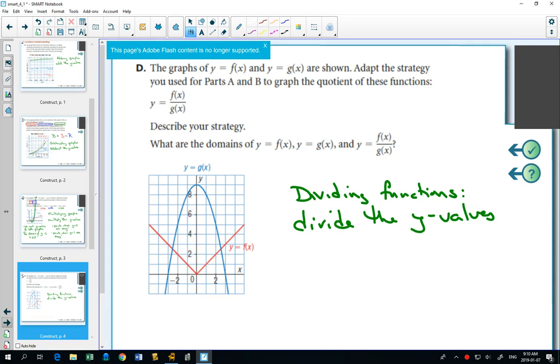In this case, we want to draw our green graph as our red graph divided by our blue graph. So we'll take the y values of our red graph and divide them by the y values of our blue graph.